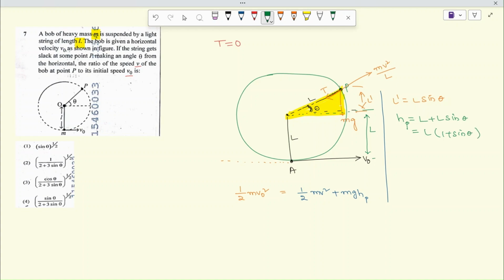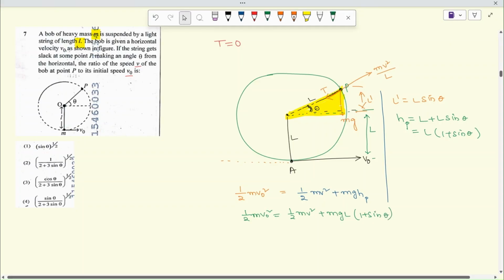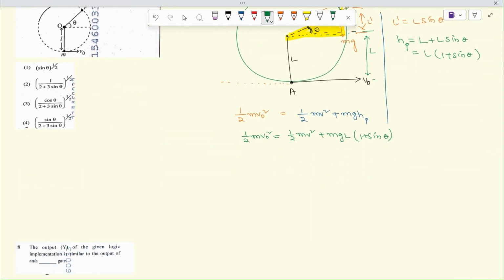So let us rewrite the equation: half mv naught square is equal to half mv square plus mg into L into 1 plus sine theta. Further simplifying, we can cancel the half and m in all these terms. So what do you get?